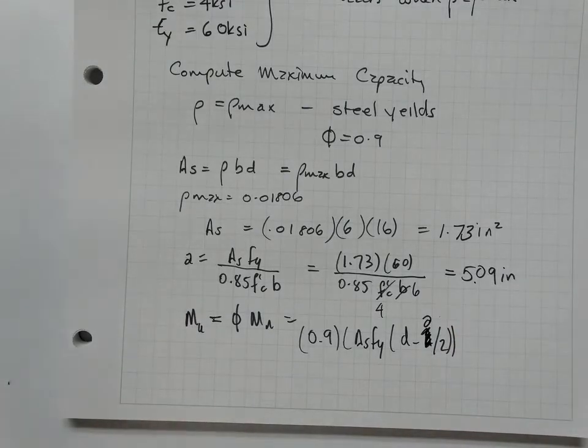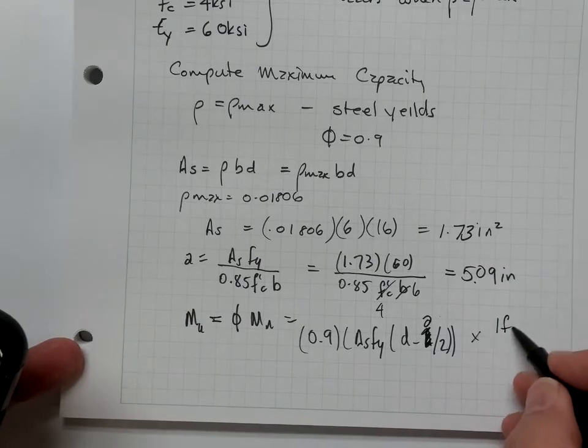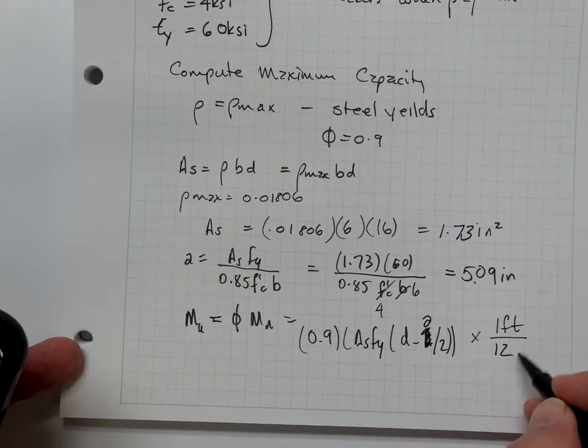If we do that, we can calculate, let's see, 5.09 over 2 equals that. I'm going to multiply this by 1 foot divided by 12 inches.